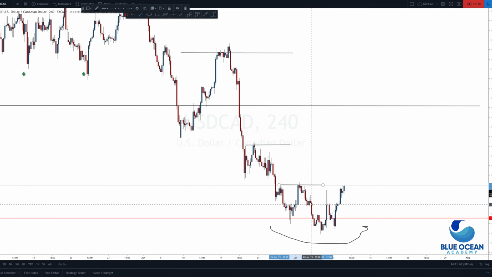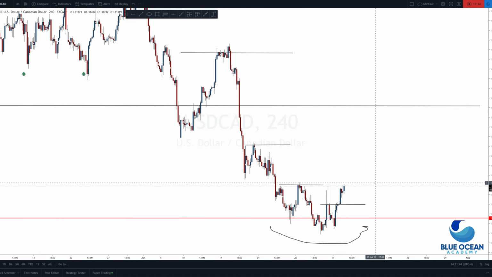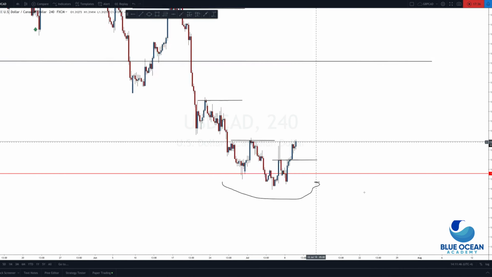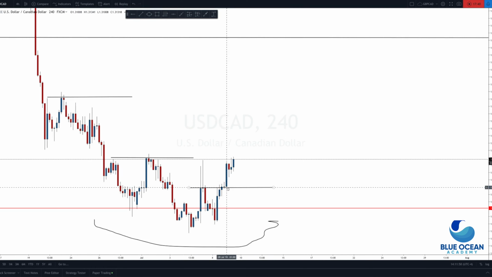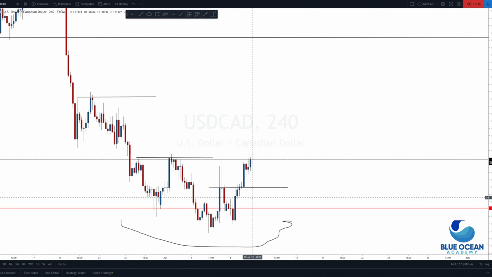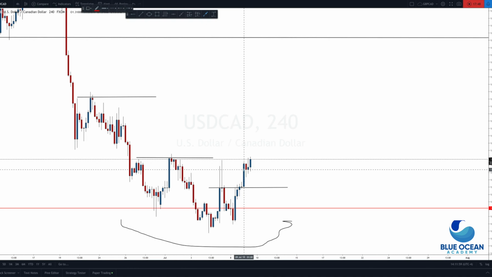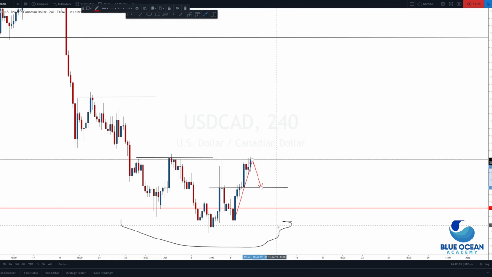Okay, so another ceiling. And as you can see, in this case, this ceiling was broken, all right, meaning that the candles pushed above this ceiling. Okay, now again, what the market likes to do is break above a ceiling, and then come back to retest it to see if it can push back and continue its downtrend, which is possible.